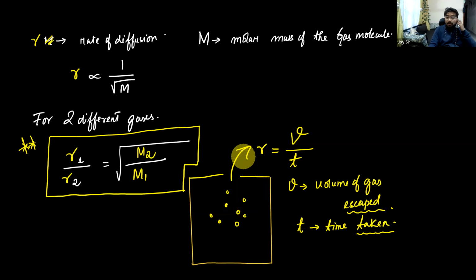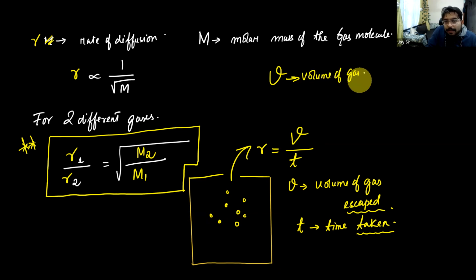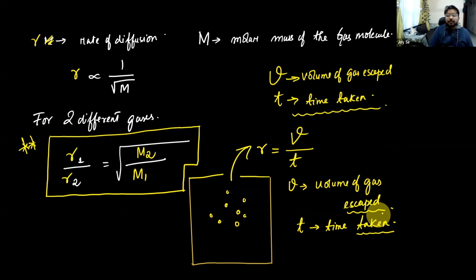So we can compare these two rates on the basis of their molar mass. On the other hand, we have R equal to V by T, where V is the volume of gas escaped divided by time taken. Is it all right? Clear?